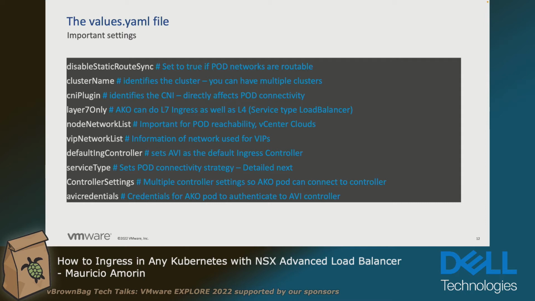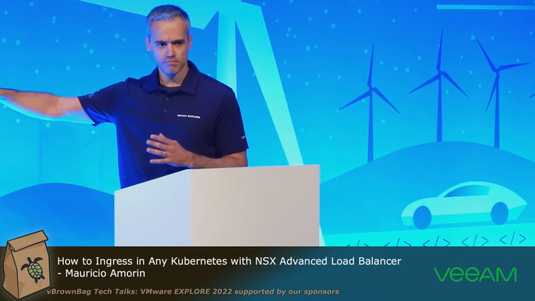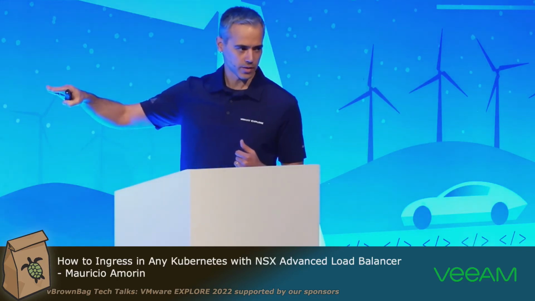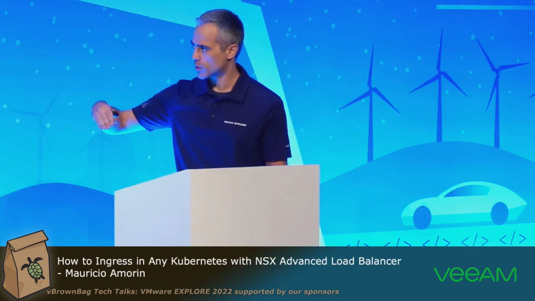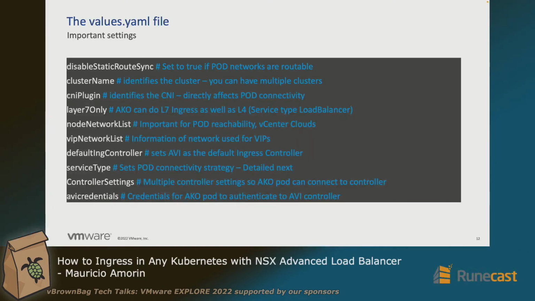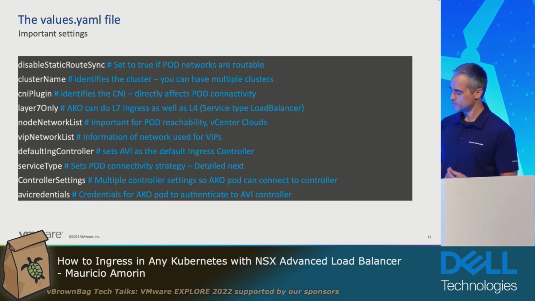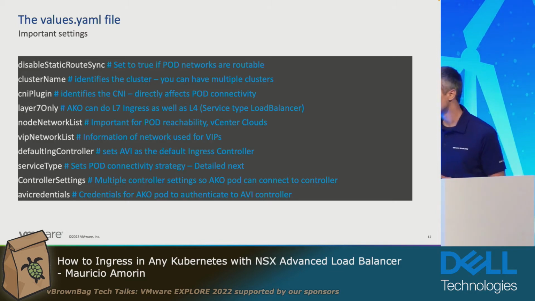And I'm going to call out here, there's this layer 7 only, if you're only doing Ingress, but you can also do service type load balancer, if you want to do layer 4 and layer 7. The most important thing here is the one that we call service type, the second to last, which sets the pod connectivity strategy. It's the next slide, I'm going to detail that.